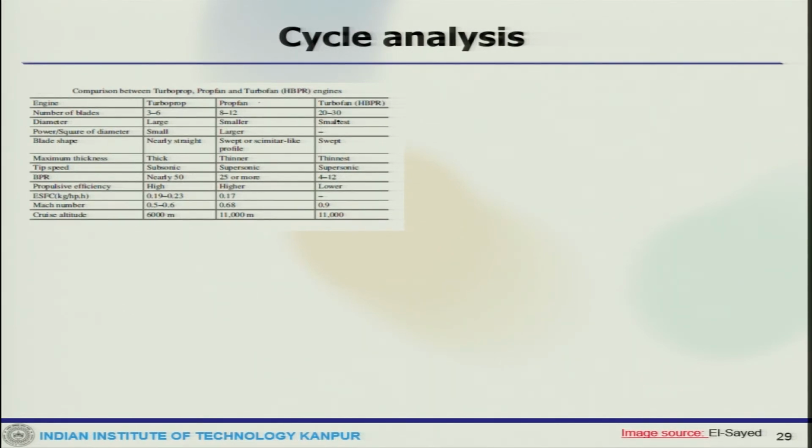Diameter is smaller, power is larger, blade type swept, maximum thickness thinner, tip speed supersonic, bypass ratio is 25, propulsion efficiency higher, ESFC is there, Mach number is around 0.7687, cruising altitude is 11,000.